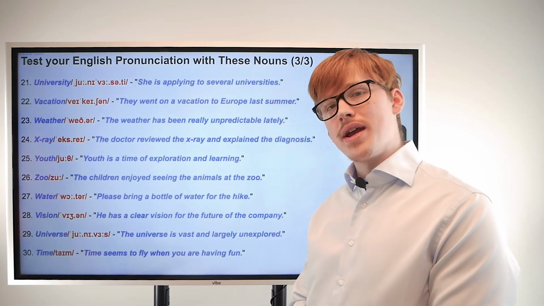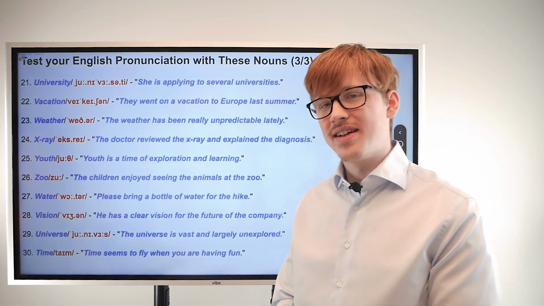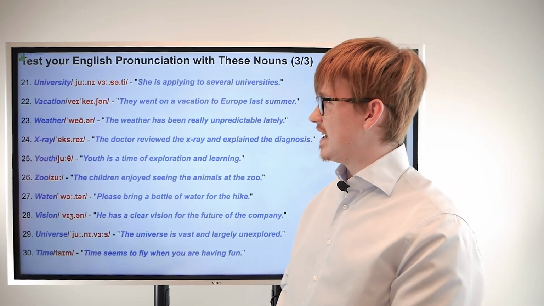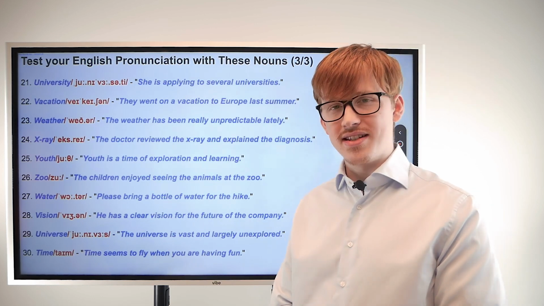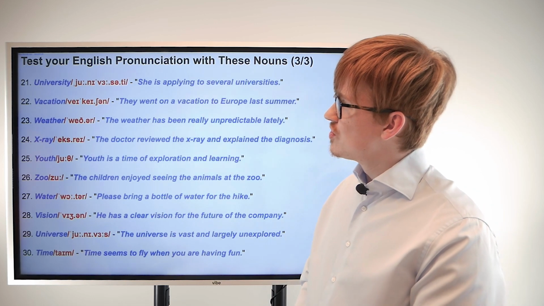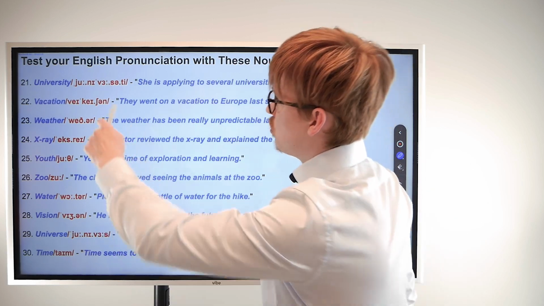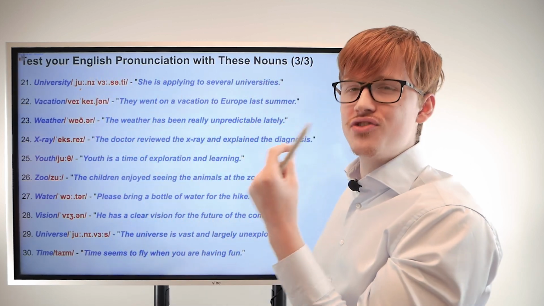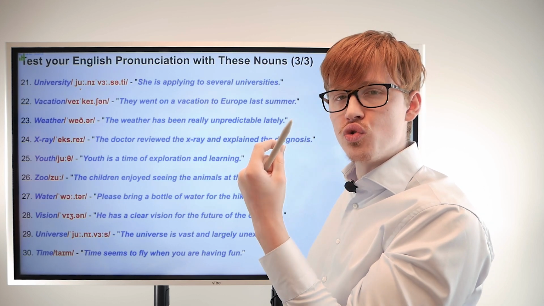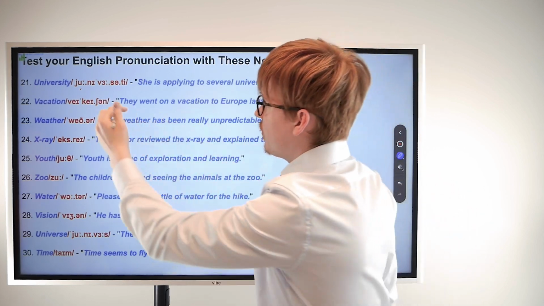Number 21, we have university. University. She is applying to several universities. So we have this U. We almost have a silent, an almost silent J sound. U. University.